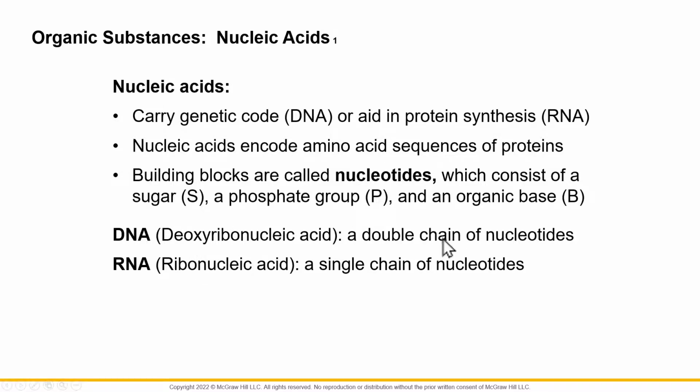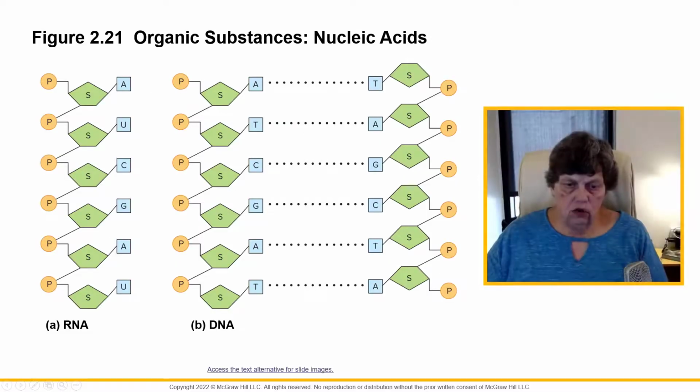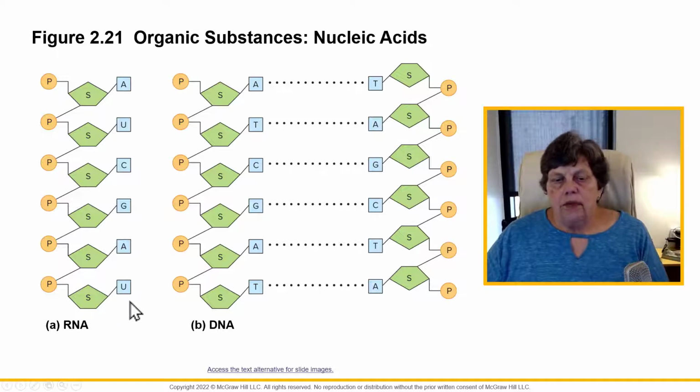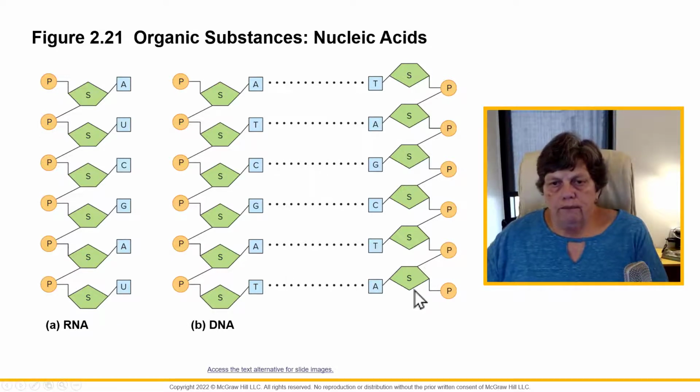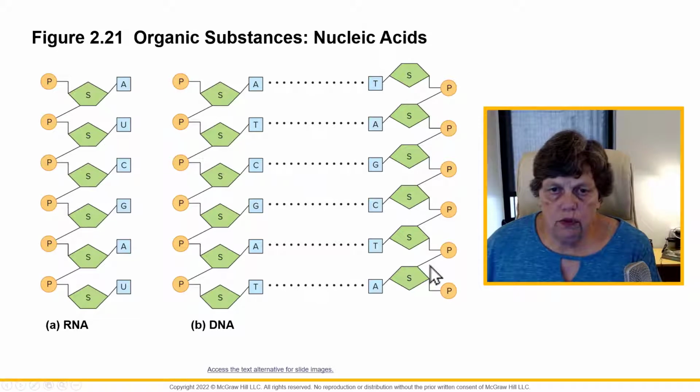DNA is a double chain of nucleotides, RNA is a single chain. So here's our lovely little RNA, there's our phosphate group, there's our sugar, and these are our nitrogenous bases. And same thing with DNA, all right, except DNA is a double strand.